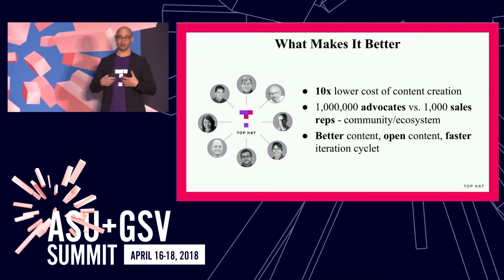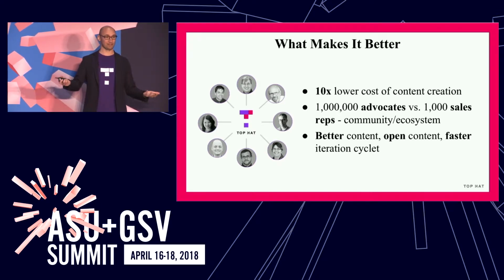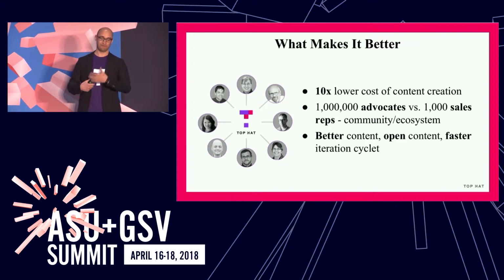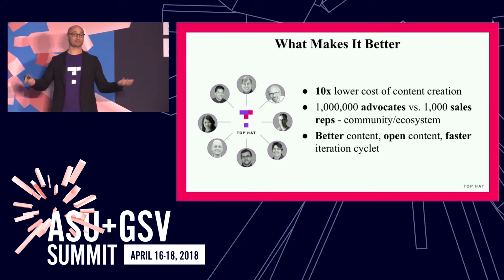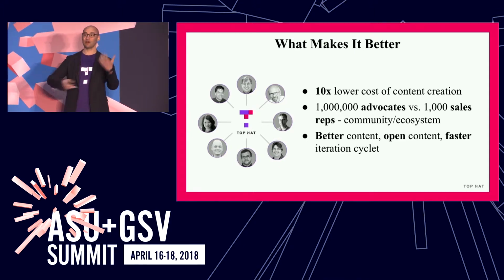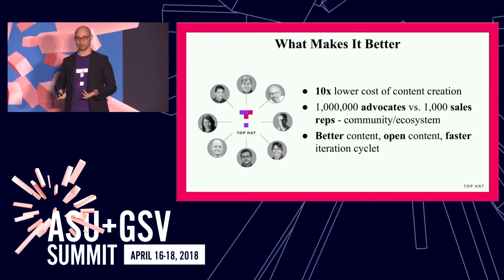For one thing, from a company standpoint, Top Hat as a technology company, our cost of acquiring content on our platform is a fraction of the cost for another comparable company to acquire a big catalog of content. It costs us very little. We've got a community of users that are constantly evolving and developing this content.